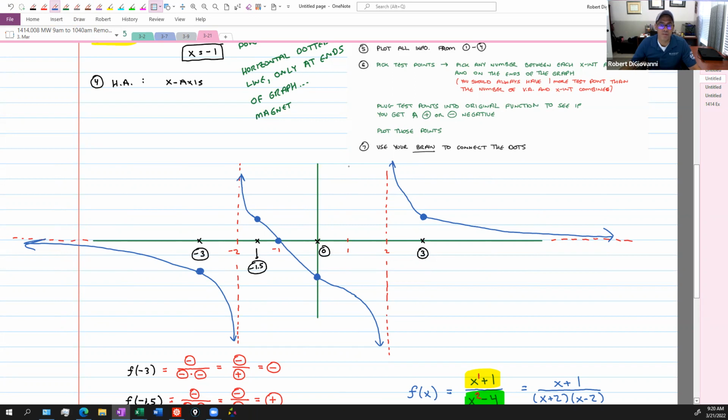Any questions? I had a quick question, Professor. You said, why do we need 4 test points? That's just the rule of thumb. It's not always 4. It's always one more than the total number of vertical asymptotes and x-intercepts you'd have together.